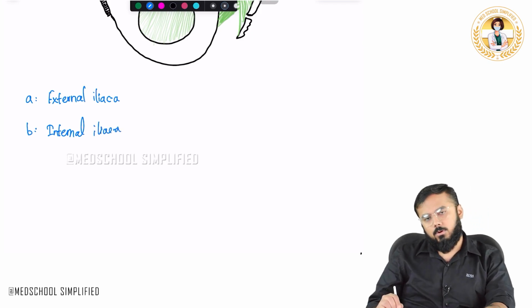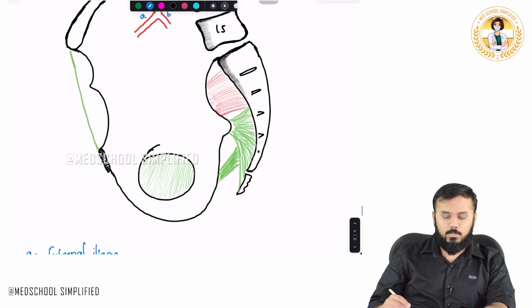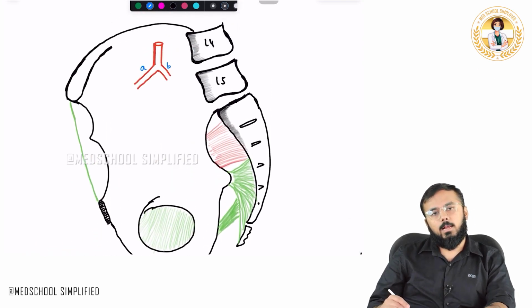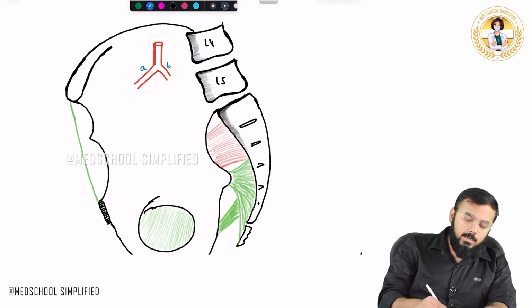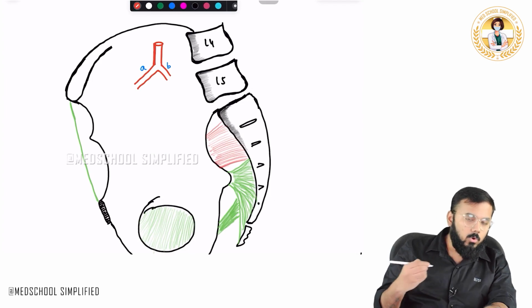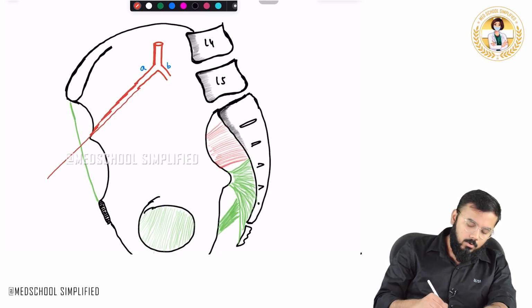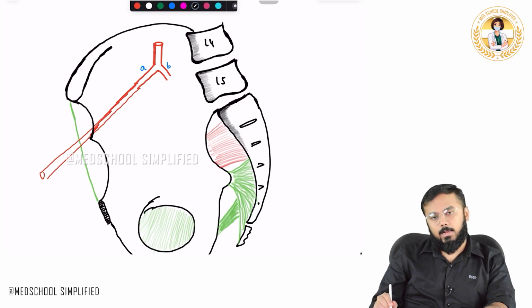So one is your external iliac, another one is your internal iliac artery. Now this external iliac artery will pass down all the way like this. So this is your external iliac artery.